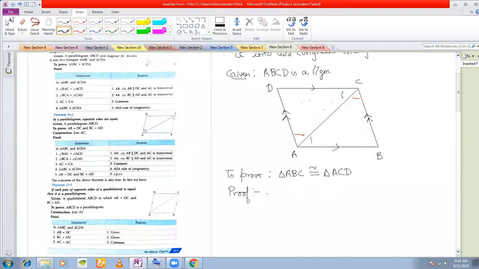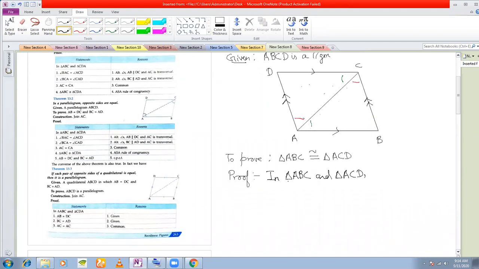So in triangle ABC and triangle ACD, AC is equal to AC because it is the common side.